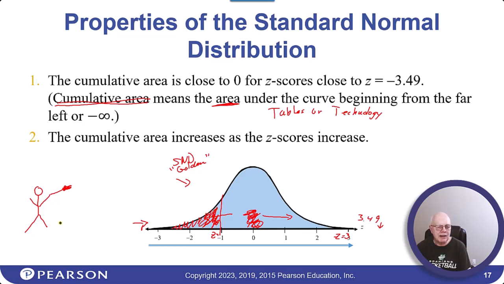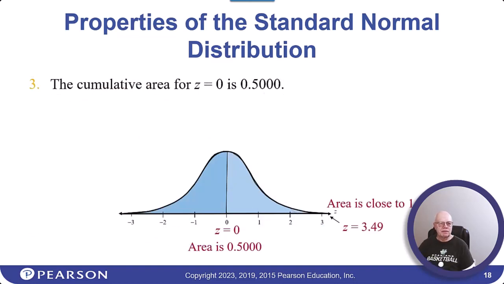Starting out at the far left, a million miles, whatever you want to think of it, you go until you get to the certain stopping point that you're talking about. We'll get back to that again. Remember, these are z-scores, but it still works the same way if you think about the mean compared with other x scores.